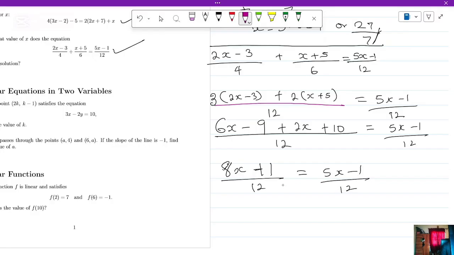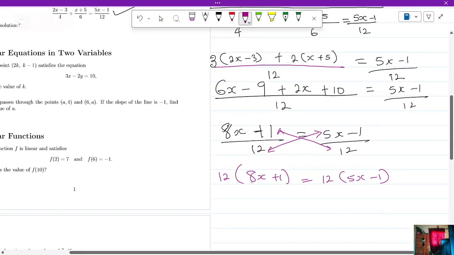So what is the next thing for you to do? You can cross multiply here. It is very important that you know that when you have two fractions like that with equality at the center, you do well to cross multiply, and that will be 12 in bracket of 8x plus 1 equal to 12 in bracket of 5x minus 1.